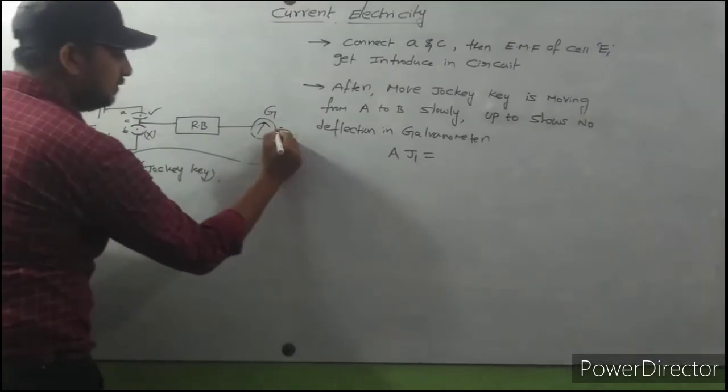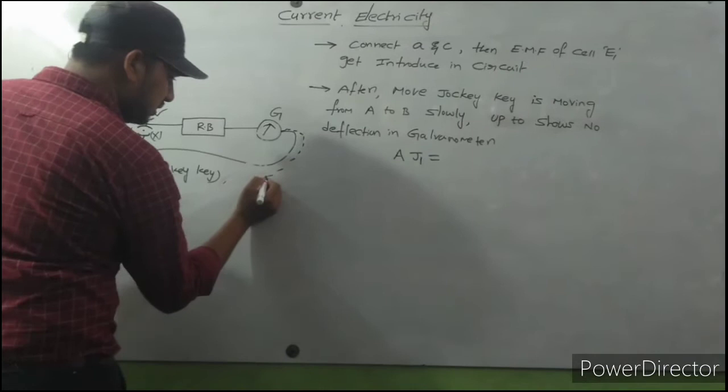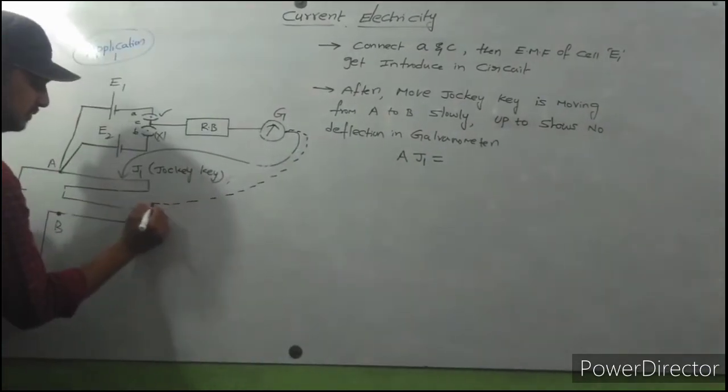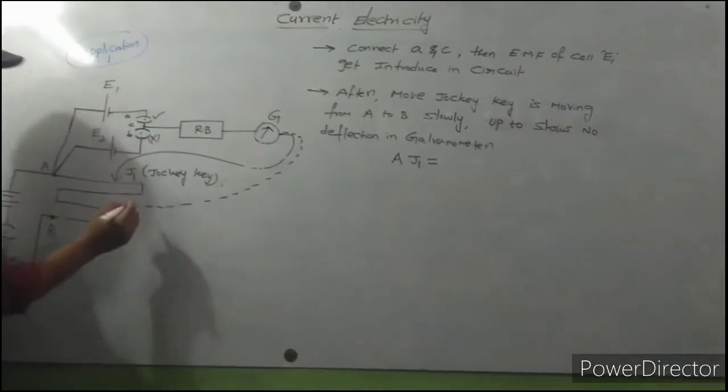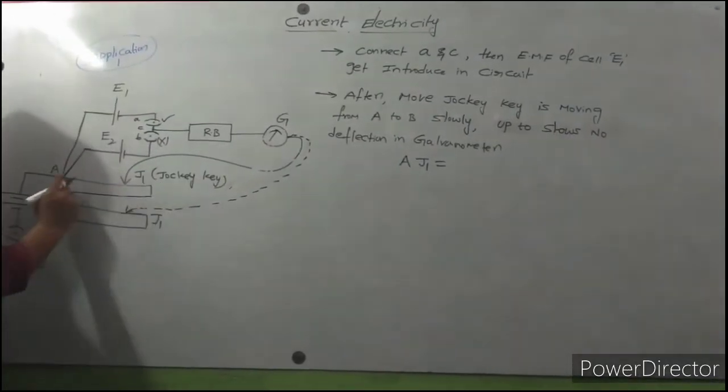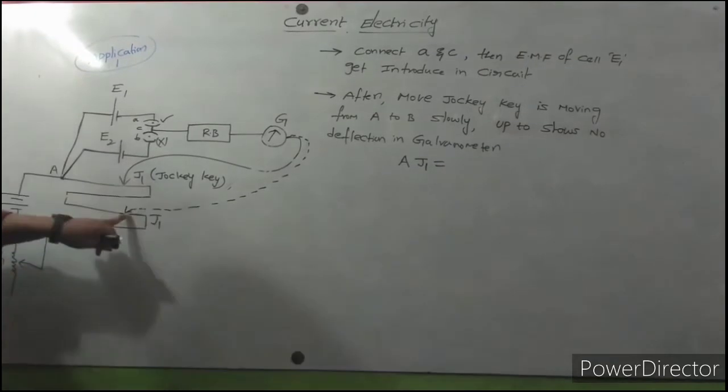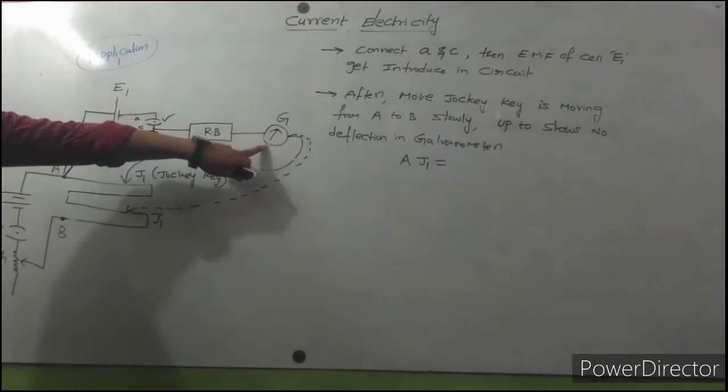If you are moving this jockey key, after some time, this is the position of the jockey key I consider, because it is moving here now. At this position there is no deflection. The needle does not move.